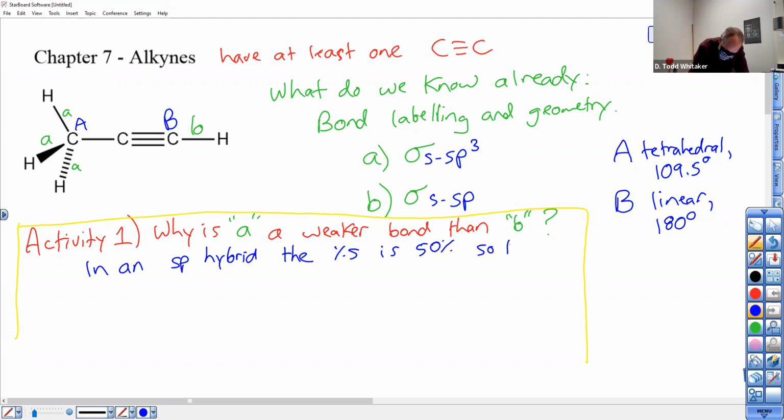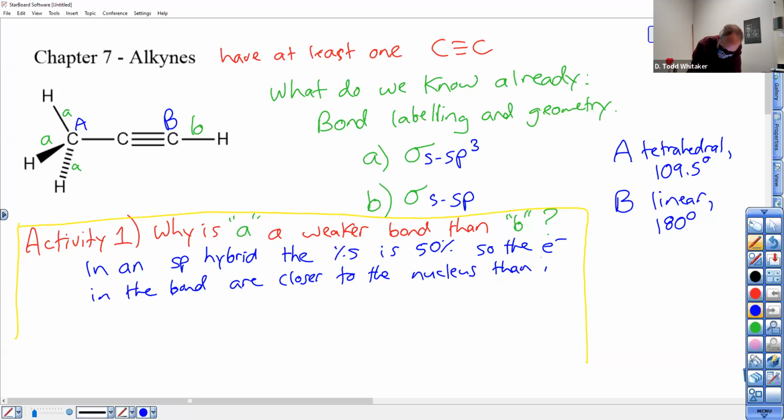So the electrons in the bond are closer to the nucleus than in an sp3 hybrid, which is 25% S, 1 part S out of 4 parts.